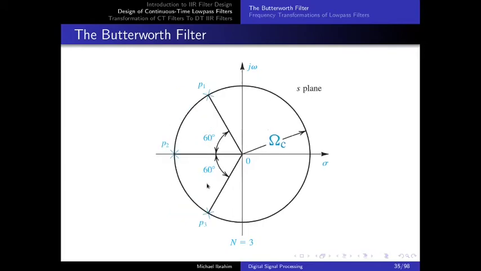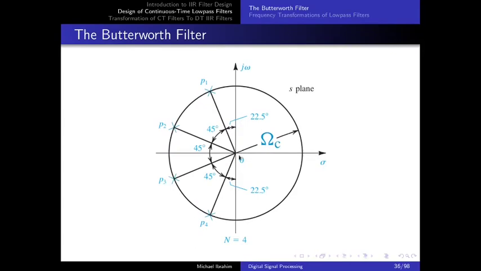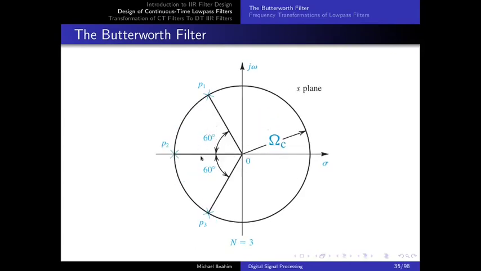If n is equal to 3, the poles would be separated by pi over n, pi over 3, in this case 60 degrees. Therefore, you will find we have one real valued pole, P2, and P1 and P3 are complex conjugate poles.